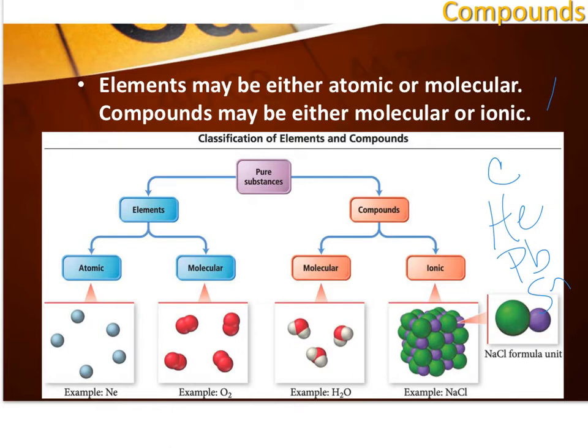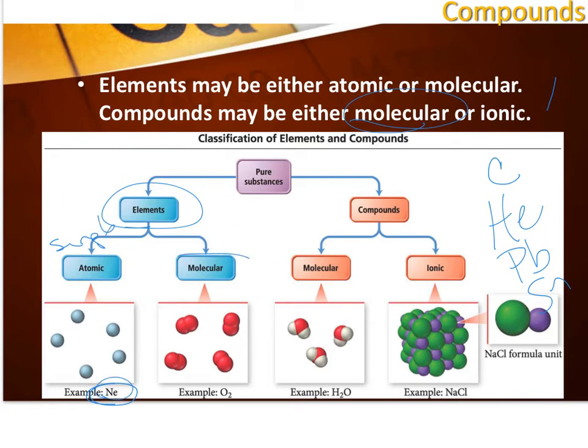However, there are several elements that exist in nature in molecular form. What do I mean by that? Well, when you're talking about a molecule, you're talking about more than one atom. An element that exists as single atoms would be neon, for example.